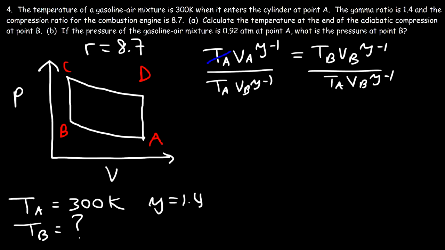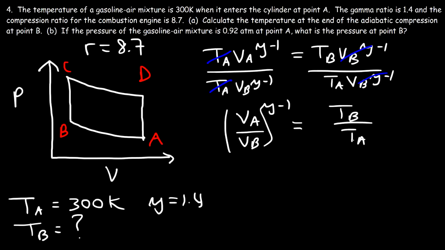So on the left, these will cancel. On the right, these will cancel. And so what I have is VA raised to the gamma minus 1 over VB. I can distribute the exponents of both of those terms. That's equal to TB over TA.